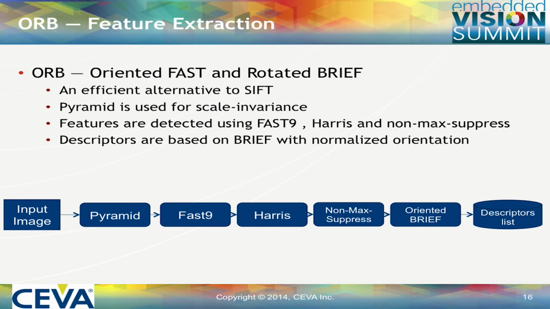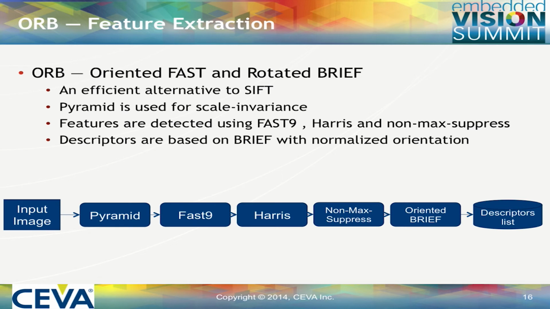Pyramid, as we said before, is for scale invariance. Fast9 is byte corner detection, as opposed to Harris, which is a lot of multiplication and gradient heavy. So this is a lightweight corner detection. We still have the Harris to improve on the Fast9, but this works only after the Fast9 filters 90% of the points of the image.